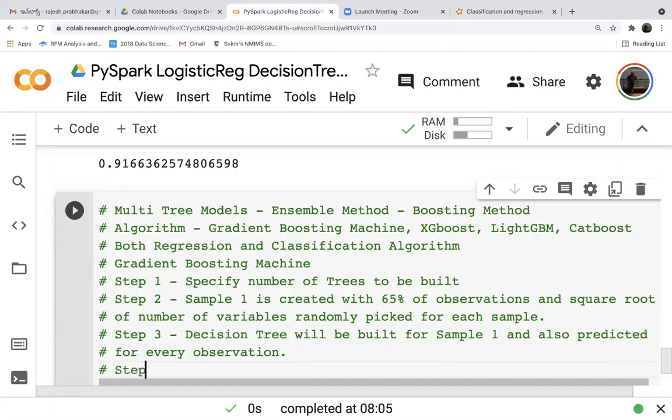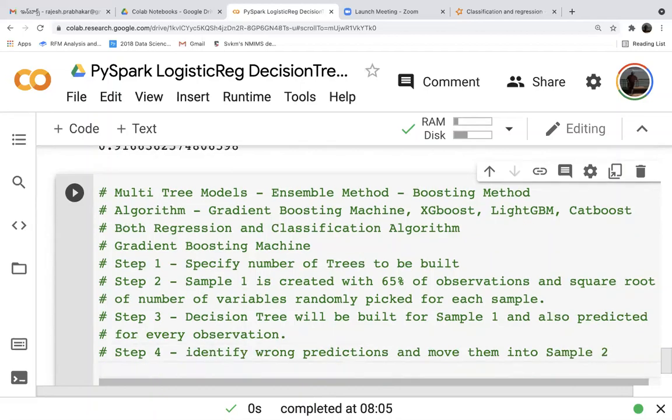Step 4: identify wrong predictions and move them into sample 2.